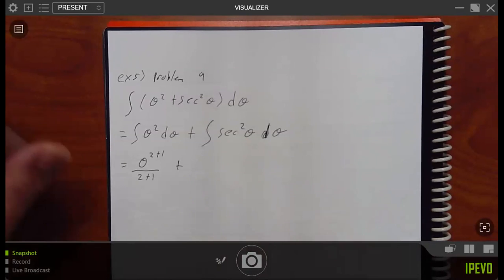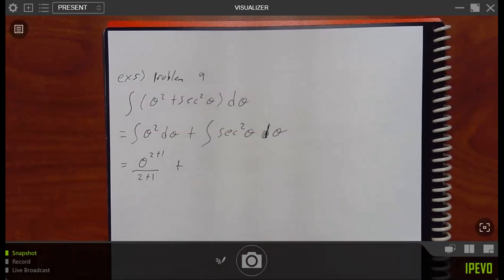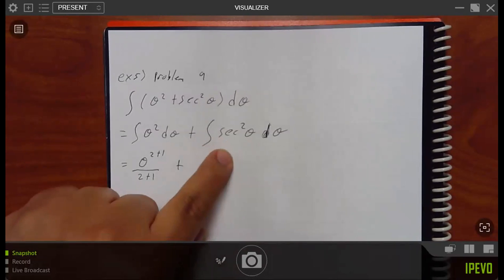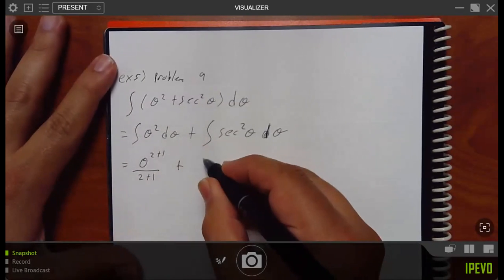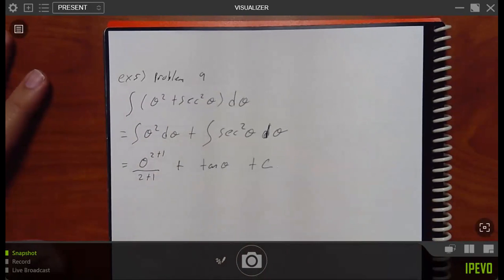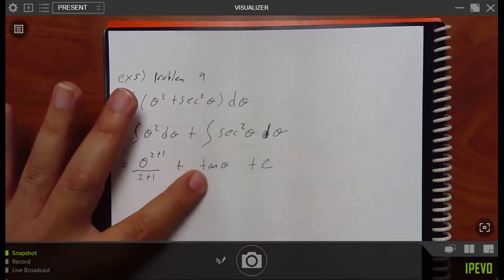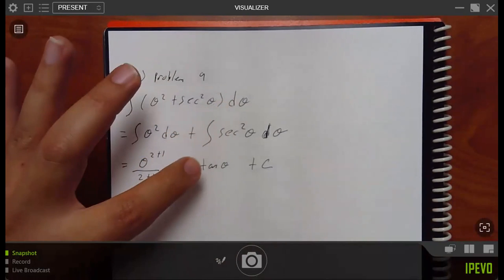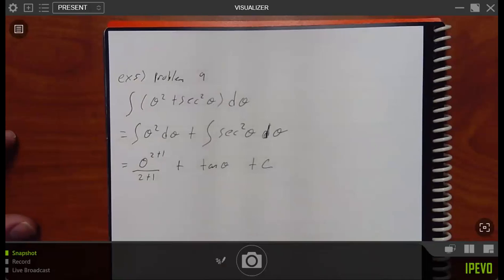The derivative of tangent. Going back to chapter 3, what was the derivative of tangent? It's just secant squared, right? So going backwards, the answer is tangent. Does that make sense? Because the derivative of tangent is secant squared, so the antiderivative of secant squared would be tangent.